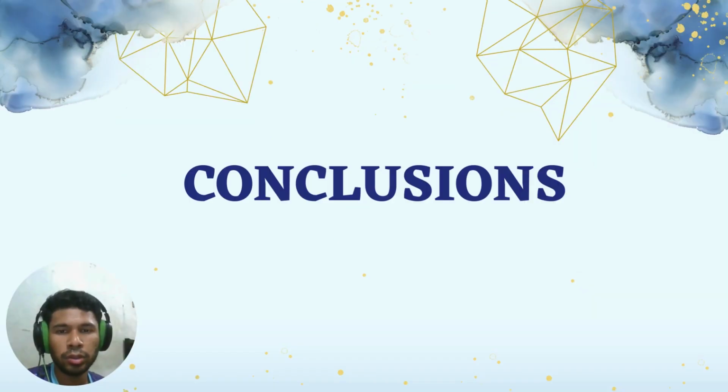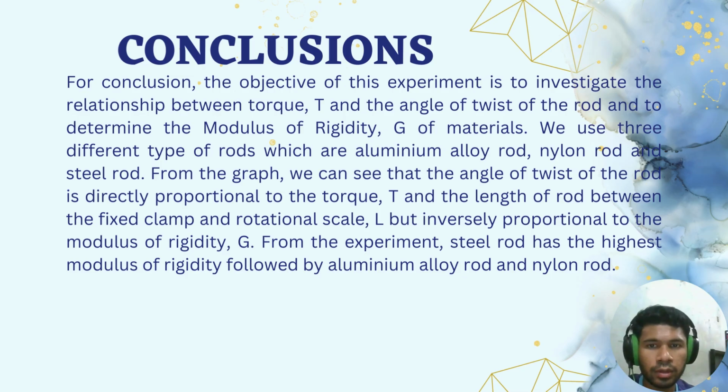Okay, next we continue with the conclusion part. The objective of the experiment is to investigate the relationship between torque T and the angle of twist of the rod and to determine the modulus of rigidity G of material.